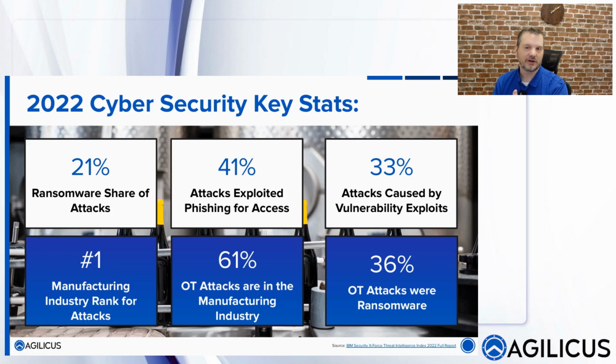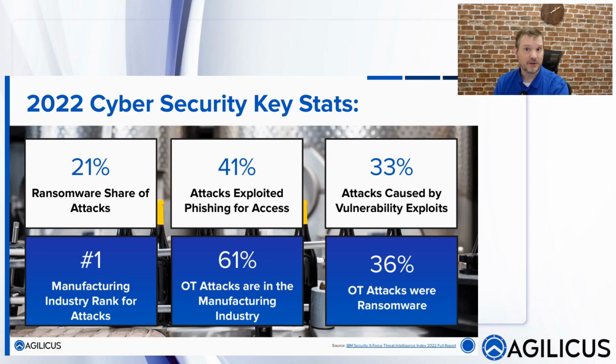The manufacturing industry ranks as the number one vector for attack. It is an easy prey, it is an easy target, and there are a lot of them available, and a lot of them present through the public internet, for good or for bad. So of all the OT attacks, 61% we see are in the manufacturing industry, specifically for OT.